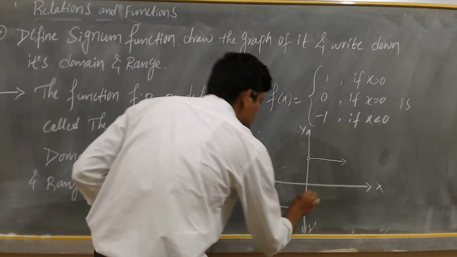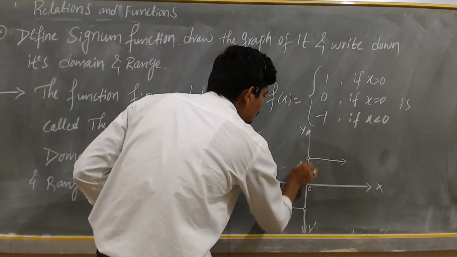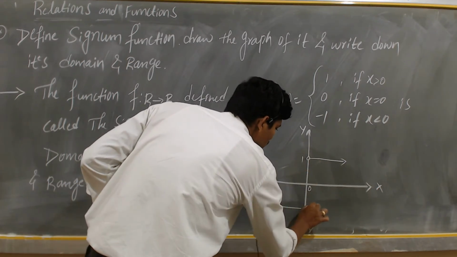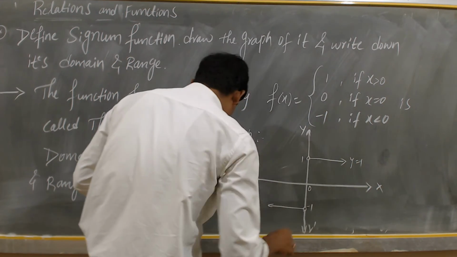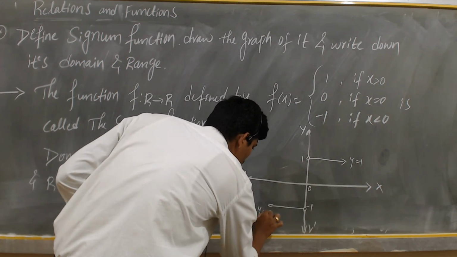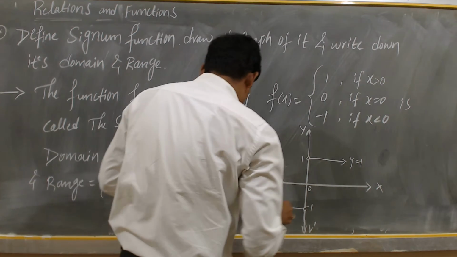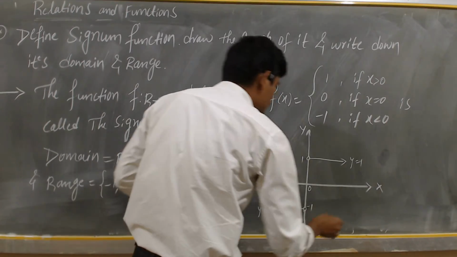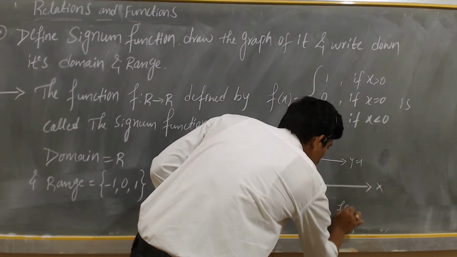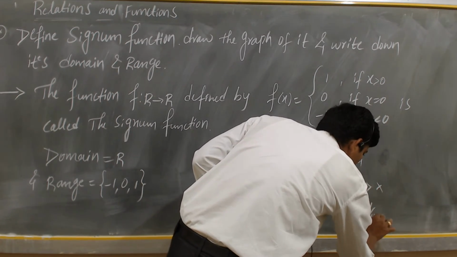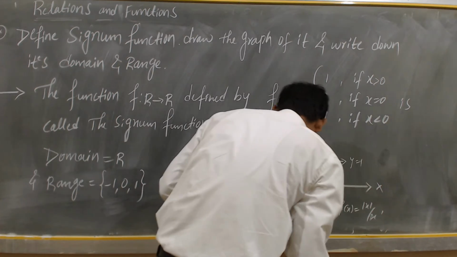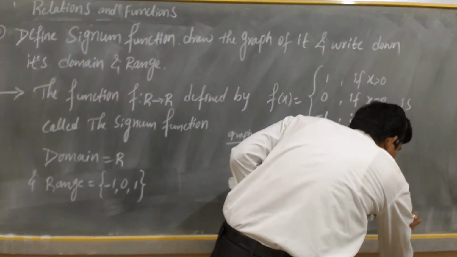You must indicate first this one, and this is 0, this is plus 1, and this is minus 1. Now I will write here y equal to 1, and here y equal to minus 1. So this is the function f of x equal to modulus x divided by x. x is always not equal to 0.